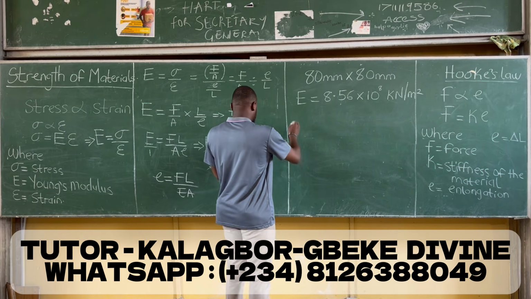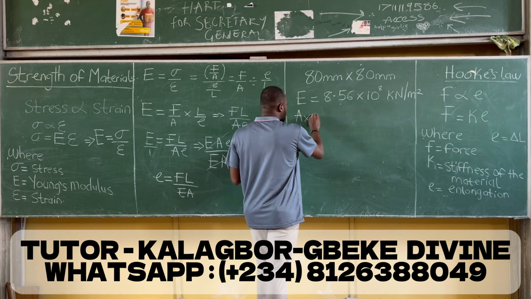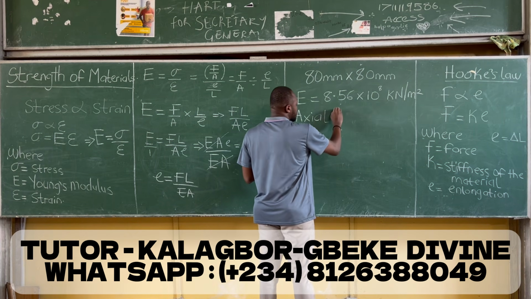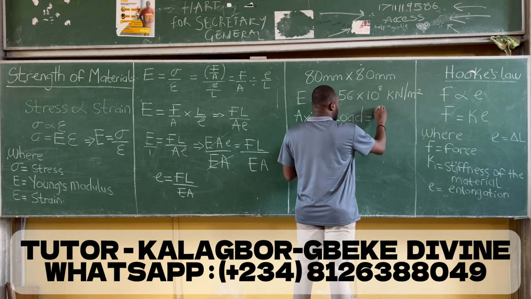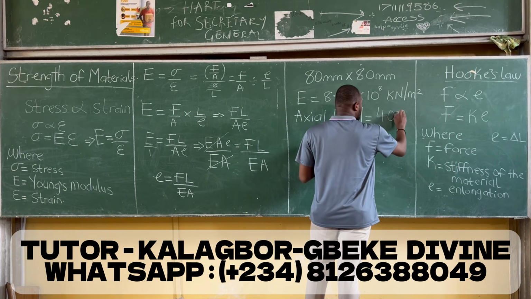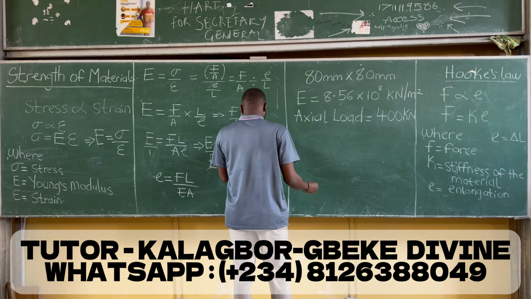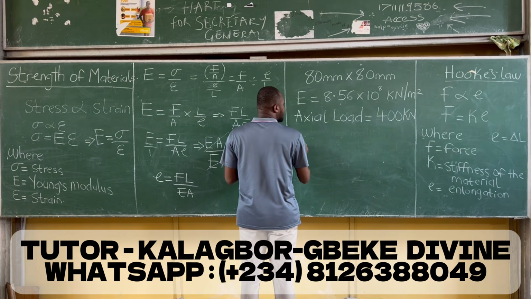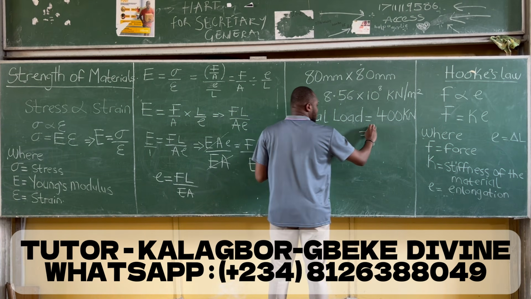To solve, we say the axial load is equal to what? 400 what? Kilonewton, right? And we have the shortening in length as what? 200 millimeters, right?